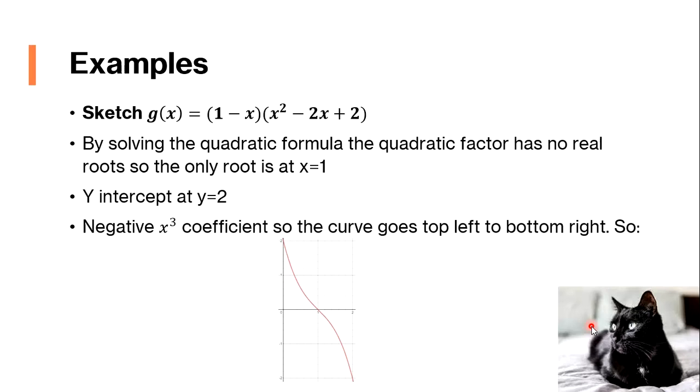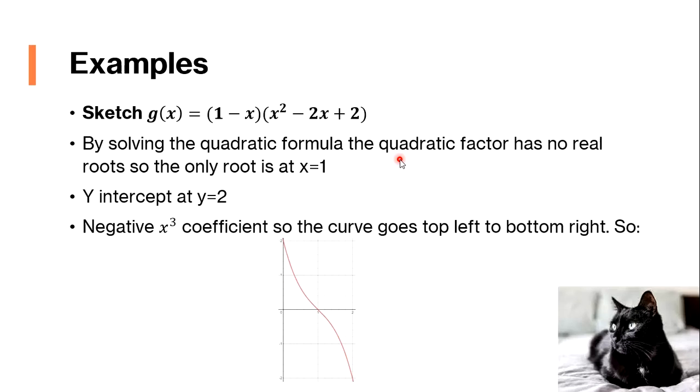So another example, sketch g of x equals 1 minus x lots of x squared minus 2x plus 2. I've just realised this makes no sense as a sentence at the top, but you can use quadratic formula or the discriminant on the quadratic factor, and that shows you that there are no real roots.